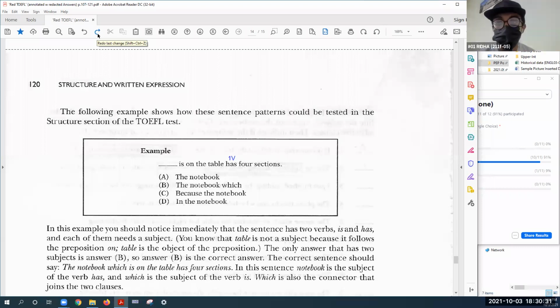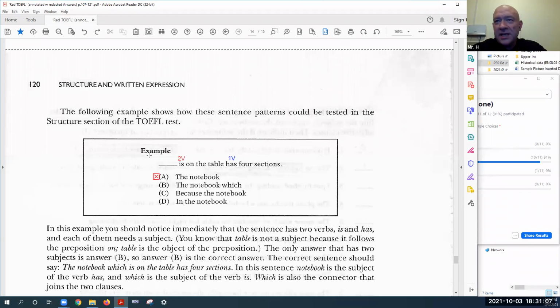The second verb. So what's missing now? The subject. We're missing two subjects. What else is missing? Connector also. So we need two subjects and we need a connector, don't we? So what do you think about alpha? It's wrong because there's no connector and it's only one subject. That's right.